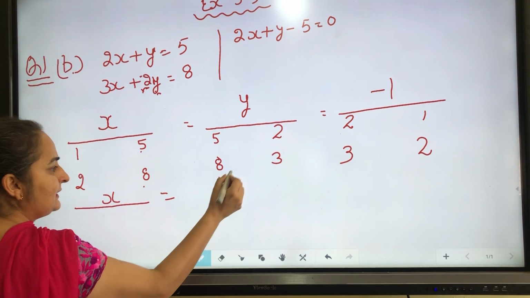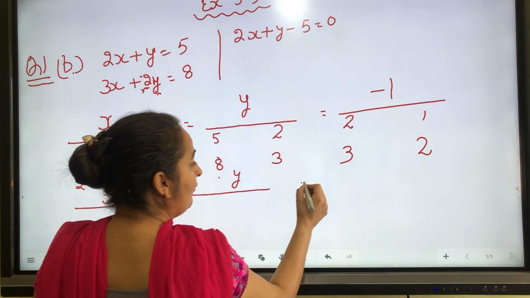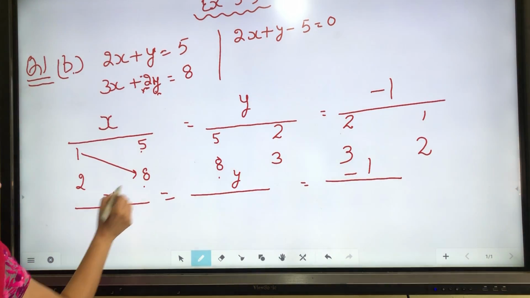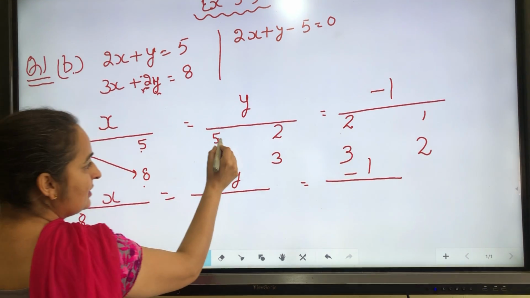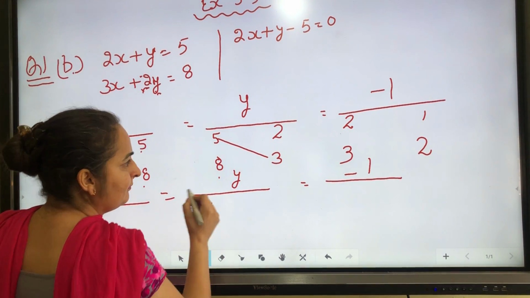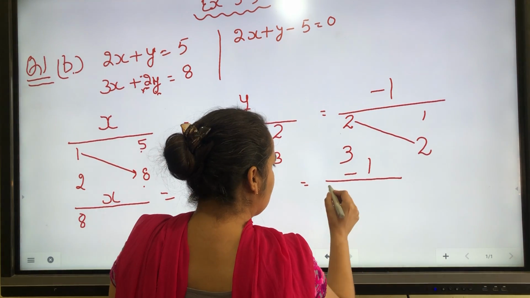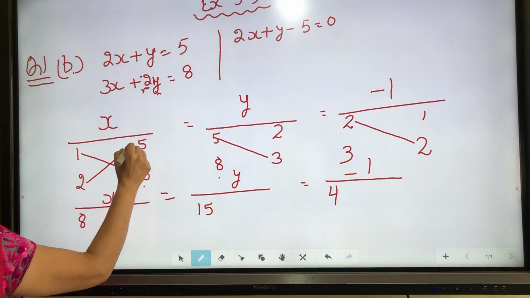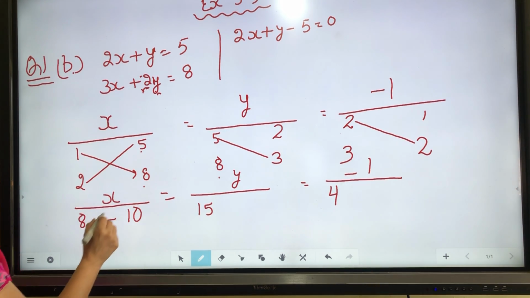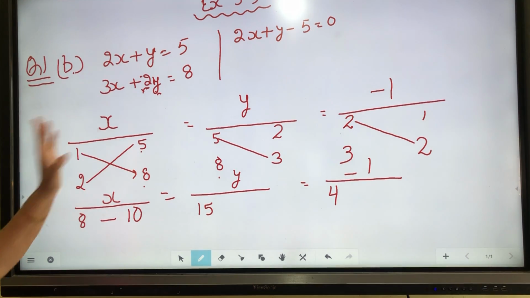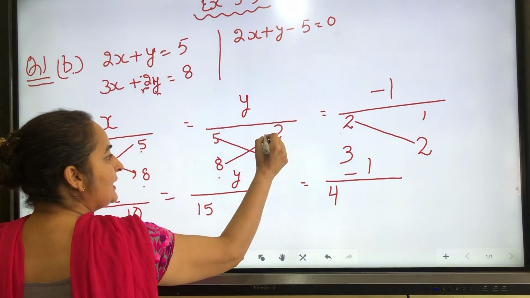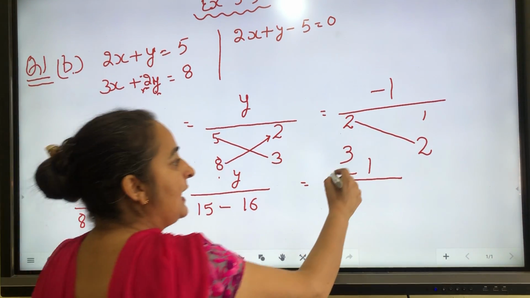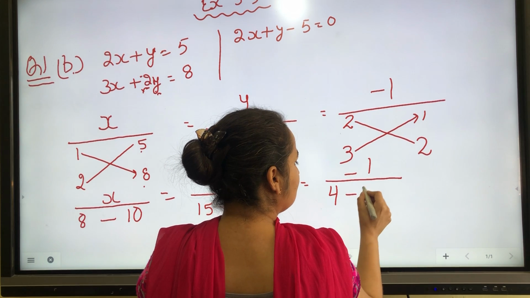How will we do the cross multiplication? x upon, y upon, minus 1 upon 1. 1 8 is 8, next 5 3 is 15, next 2 2 is 4, and change the position. 2 5 is 10, there is a minus sign when you change the position. 8 2 is 16, again minus because there is also a change in position, and 3 1 is 3.